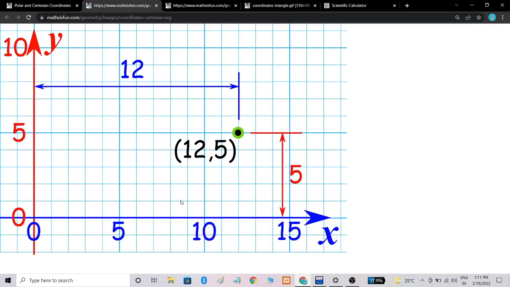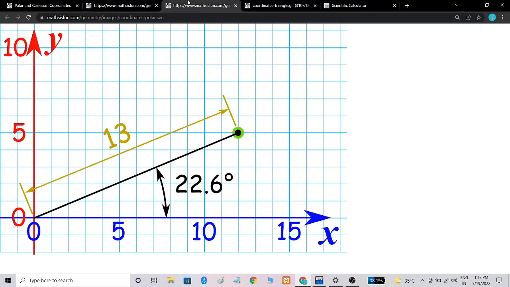Suppose this is an example where x we are taking as 5 and y we are taking as 12, and they meet at a particular point. So these are the Cartesian coordinates. Now suppose from that point, we draw a perpendicular at 90 degrees, then at the hypotenuse side we will get the r and theta.